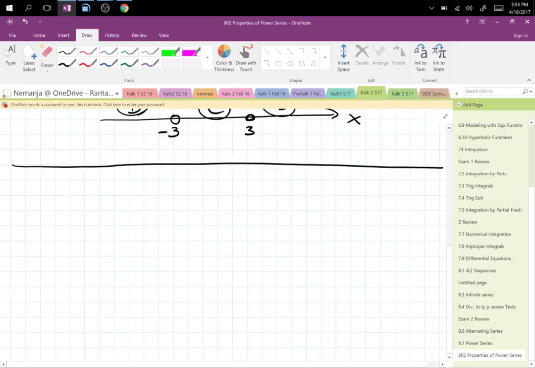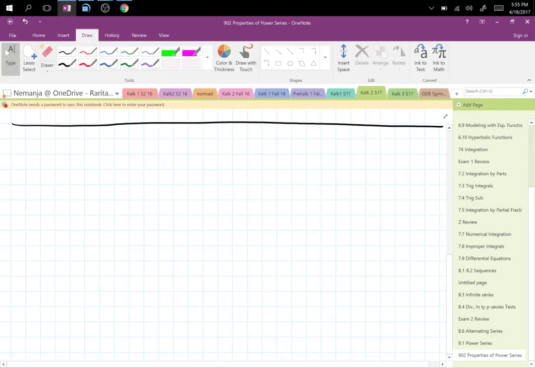So now that we are understanding this, I would like to work on the interval of convergence for general cases. So how do we find it at any time? So let's take a look at the series from 0 to infinity of x to the k divided by k factorial.